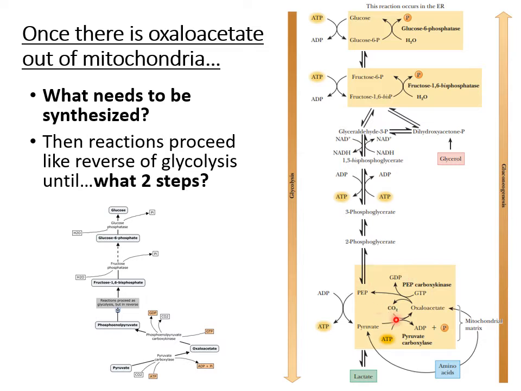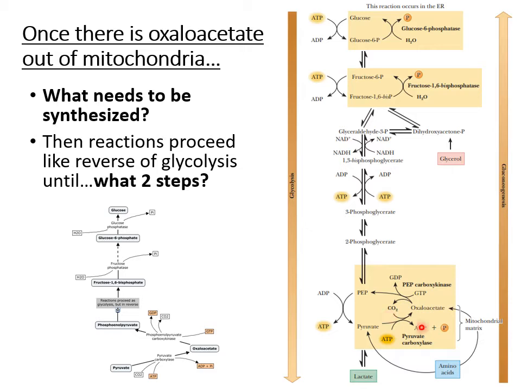And what you'll notice is that whenever you see any of the reactions in gluconeogenesis in a beige, yellowish box or rectangle, this represents one of the areas where it is not just the reverse of glycolysis, because some of the reactions in glycolysis are not energetically reversible. So they're what we call energetically irreversible.